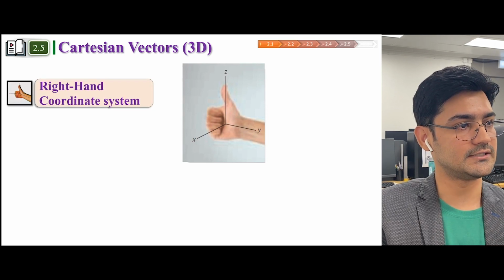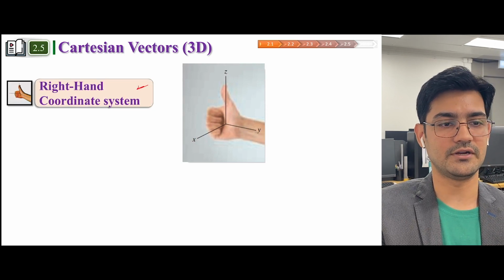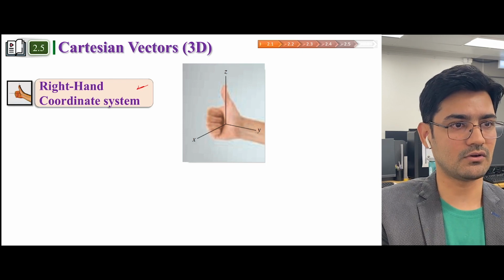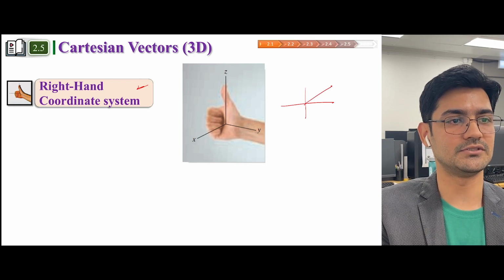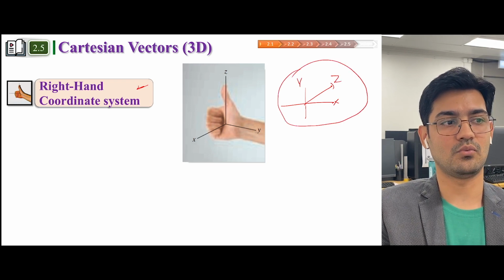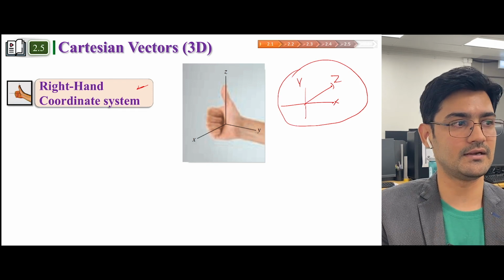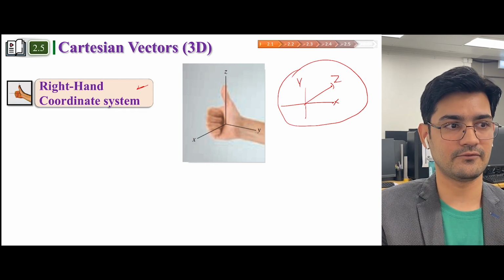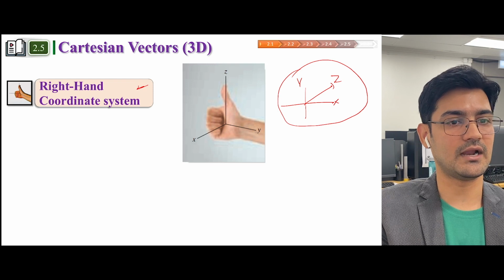One of the coordinate systems is called a right-hand coordinate system. This is a rectangular coordinate system in 3 dimensions, x, y, z, but this 3-dimensional coordinate system would be called a right-hand coordinate system if it follows the right-hand rule.